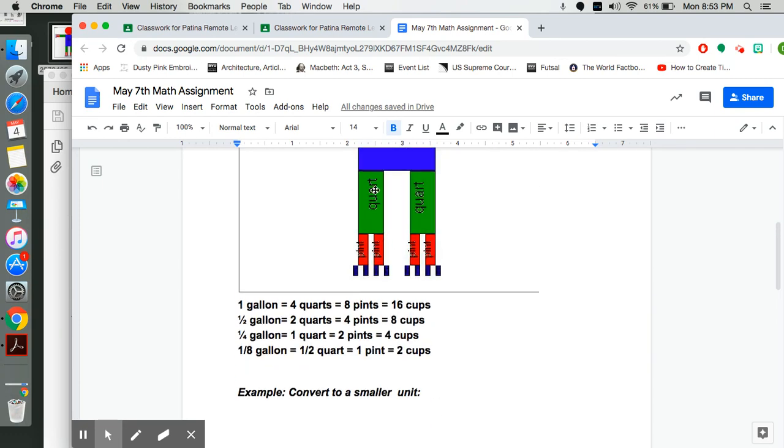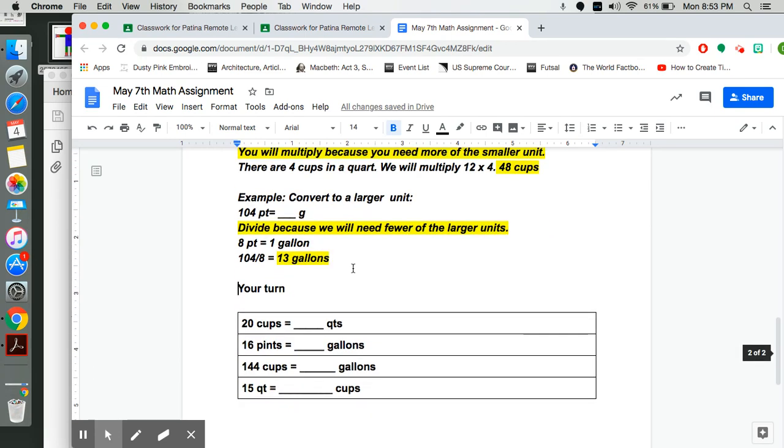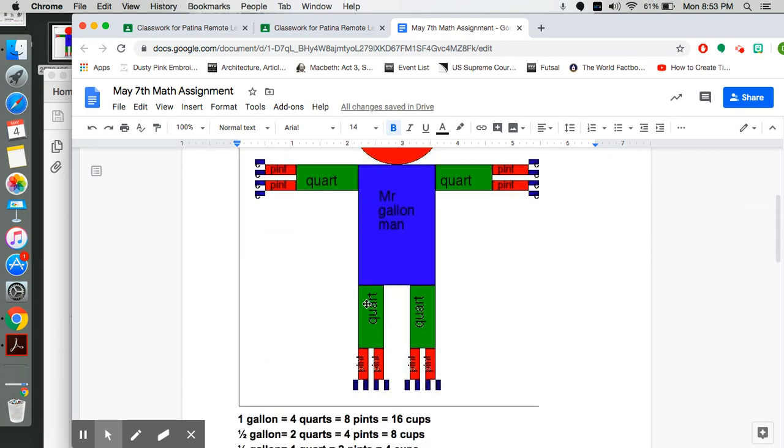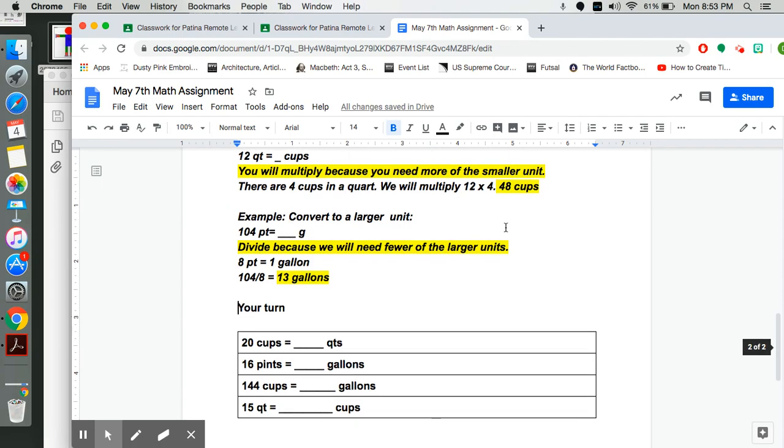And if I look in 1 quart, how many cups are there? 1, 2, 3, 4. So I'm going to be doing 12 times 4 to get 48 cups in 12 quarts. So if I had 12 of these little green things with 4 in each, that would make 48 cups.